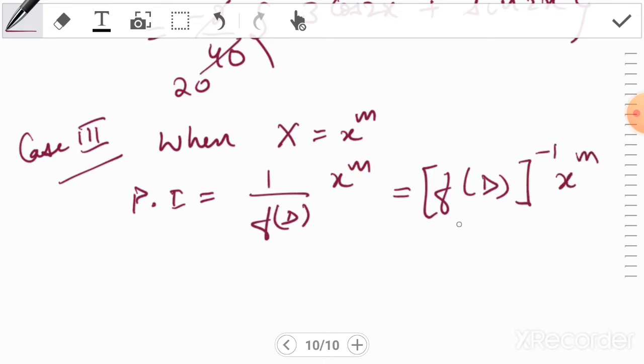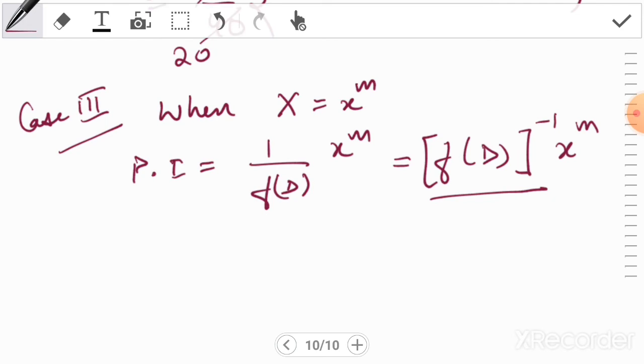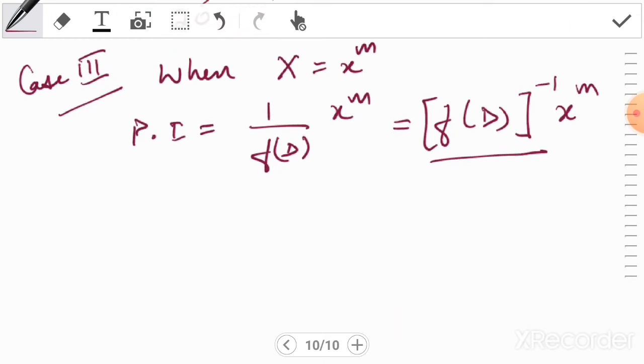So expand this f of D raised to the power minus 1 in ascending powers of D, and then operate on x power m turn by turn. I repeat, expand this f of D inverse in ascending powers of D up to the D raised to the power m term, and operate on x raised to the power m.